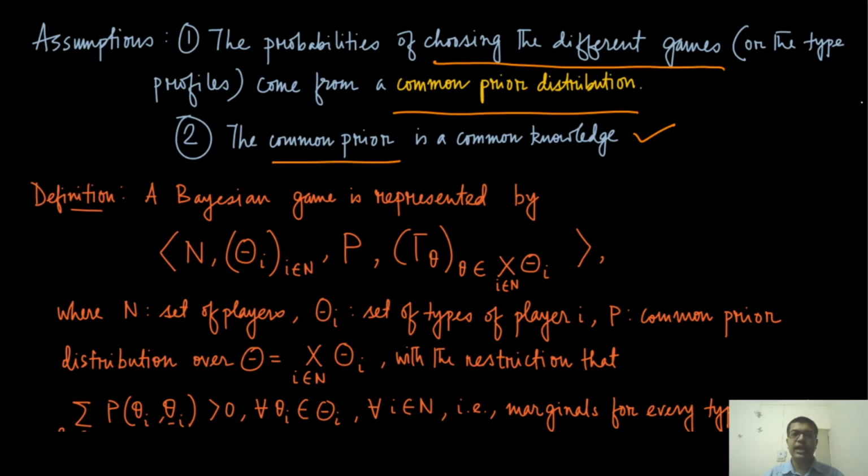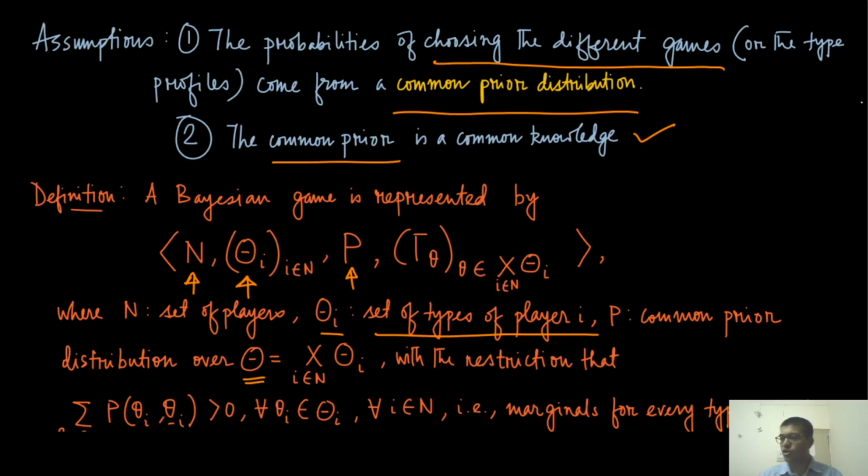So a Bayesian game, like the normal form game, is defined with respect to the following information. The first is the player set, of course. The second one is the set of all types. So this capital theta i is the set of all types of player i. The next element in this tuple is the common prior. This is the probability distribution over the type profile.